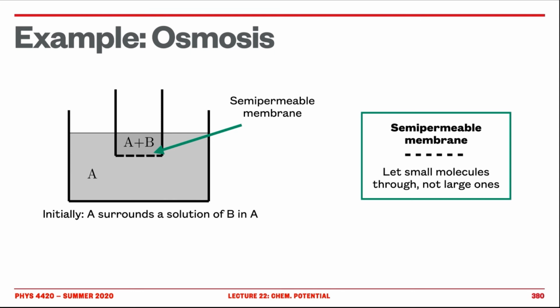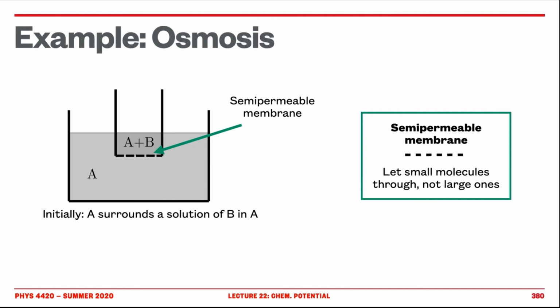Or you can say that, in order to increase the number of microstates, B should go into the pure solution A. In either case, you are trying to maximize the number of microstates. The problem is that the second possibility, B going through the membrane, is not possible, because B cannot go through the semi-permeable membrane.